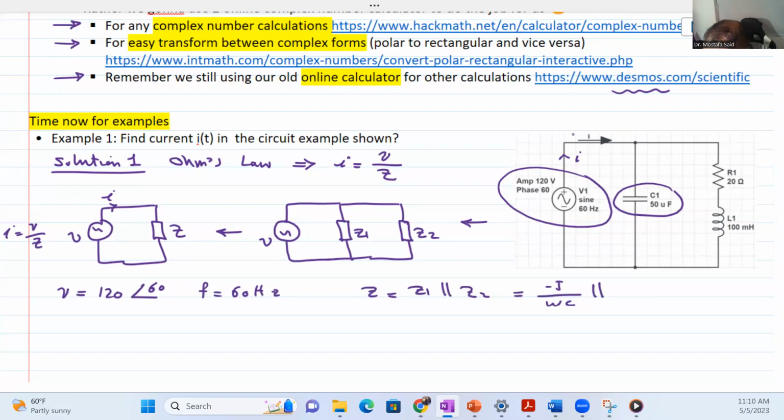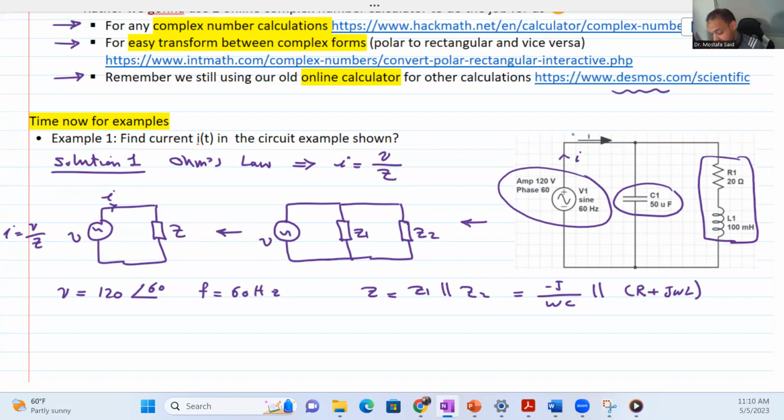Parallel with Z2. Z2 is actually two components here: a resistor and an inductor. So it will be R, which is 20 ohms, plus j omega L, the impedance of the inductor.